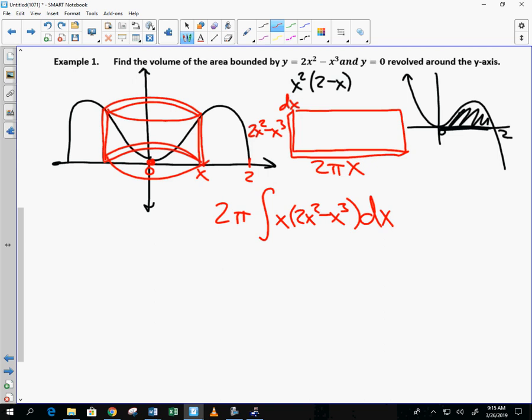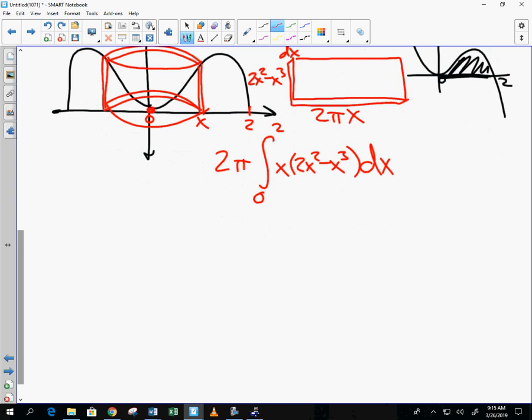So we do an infinite number. What are our bounds? 0 to 2. So 2 pi integral 0 to 2. I got x times 2x squared is 2x cubed minus x to the 4th dx.